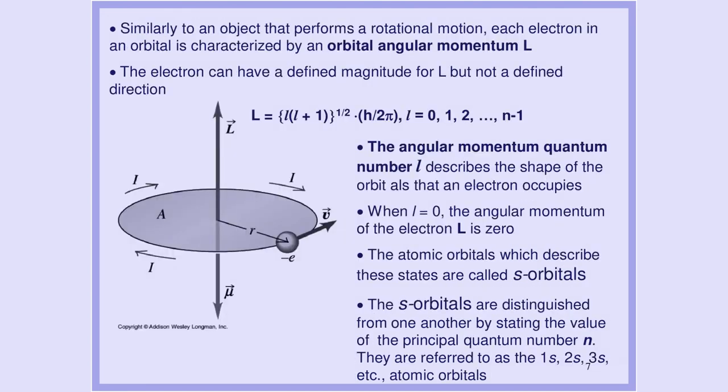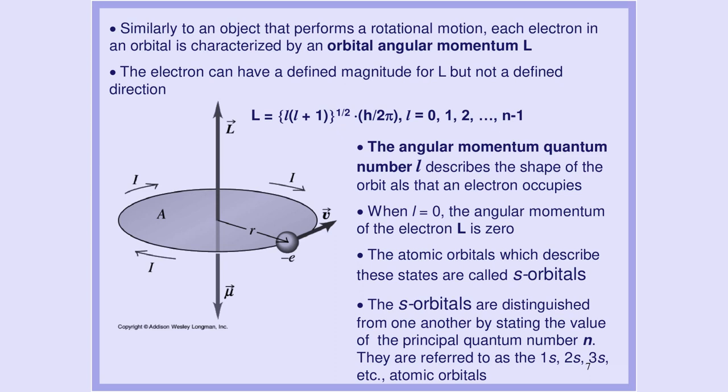Similarly to an object that performs a rotational motion, each electron in an orbital is characterized by an orbital angular momentum, marked by capital L. The electron can have a definite magnitude for the orbital angular momentum, but not a defined direction.